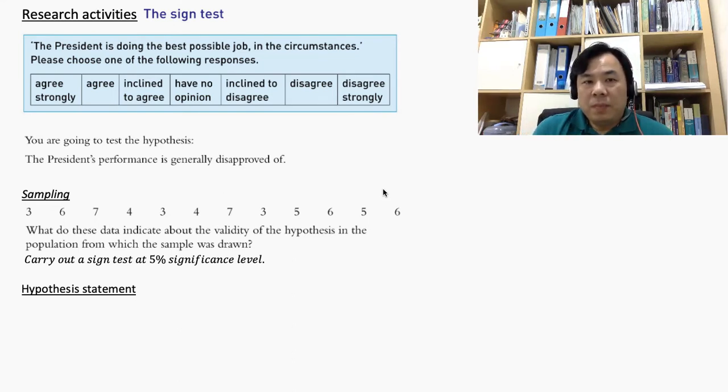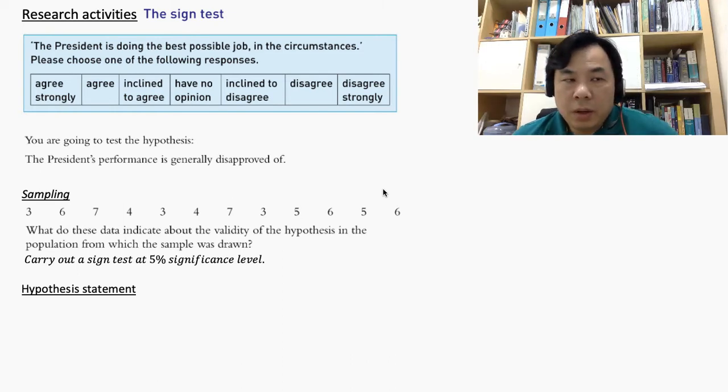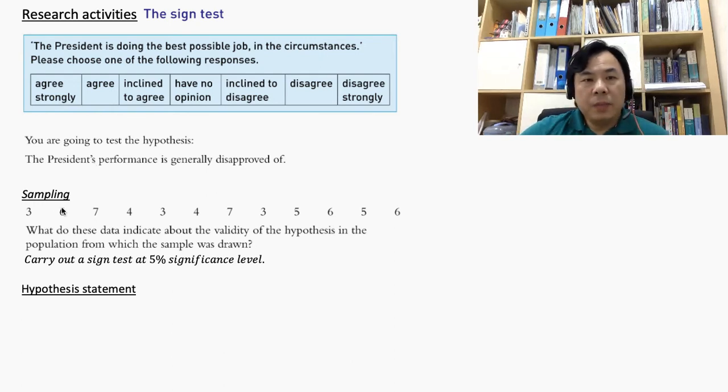So whether you would agree with this statement or not, whether the president is not really doing his job properly, for instance. Once this survey has been carried out, the sample has been collected. You can see that these are the samples collected from all the respondents: 1, 2, 3, 4, 5, 6, 7, 8, 9, 10, 11, 12.